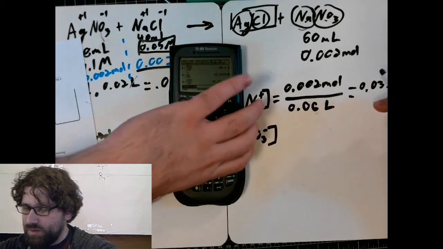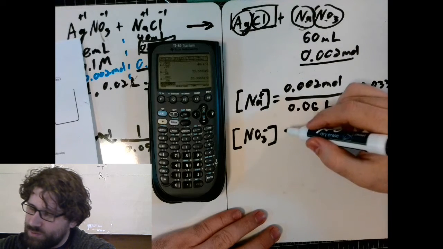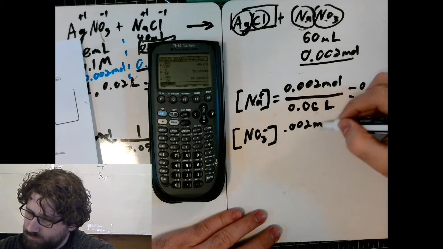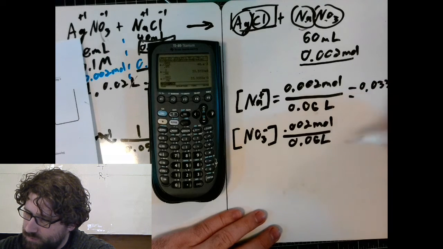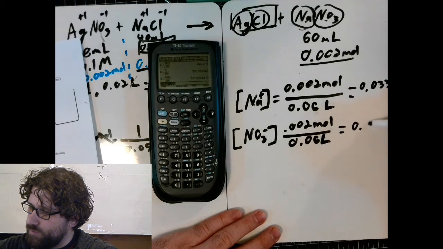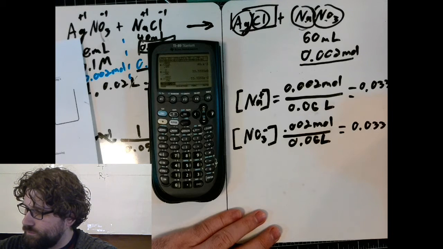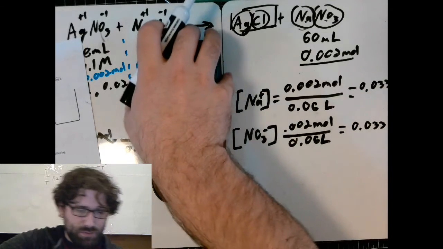And then what's it going to be down here? Well, I'm still going to have 0.002 moles divided by the same volume, so it's going to be the same molarity. All right, so there are my concentrations.